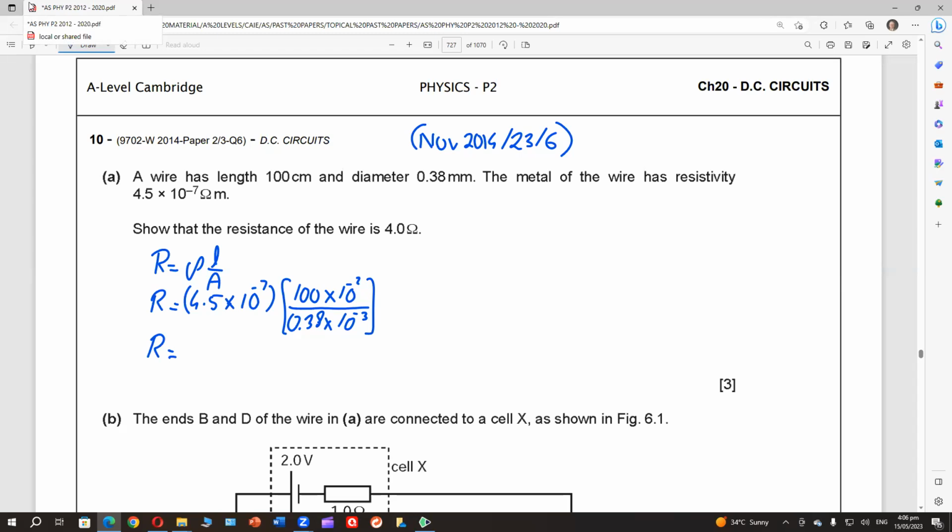It's coming as 1.2 into 10 power minus 3. Okay, it says diameter, that's why I think it's coming wrong, because we need to find the area, I think, pi r square. This is a mistake. Actually, this is diameter. Good.